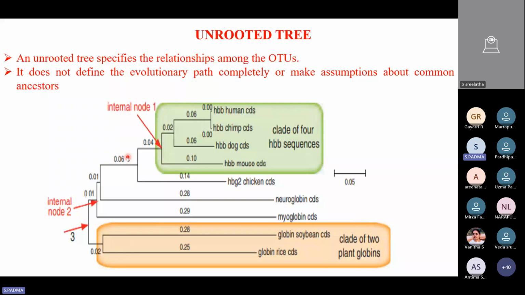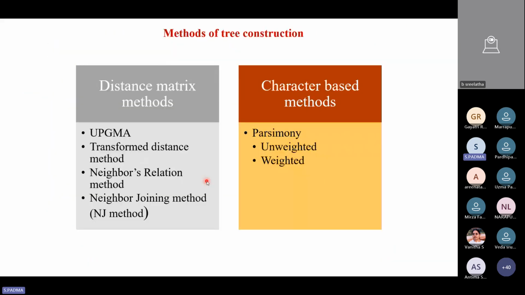So this is the distance matrix method. It uses calculation, taking the number of nucleotides into account between different sequences, finding out how many of them are similar, and based on that, can we come to some understanding of the evolutionary relationship between the sequences under study.